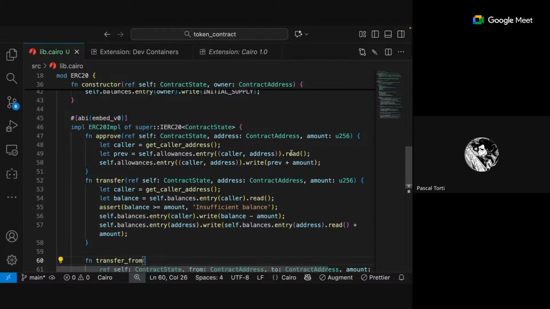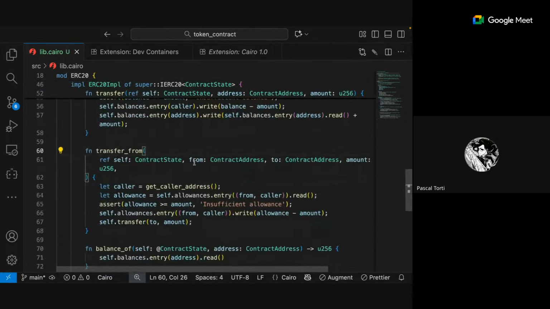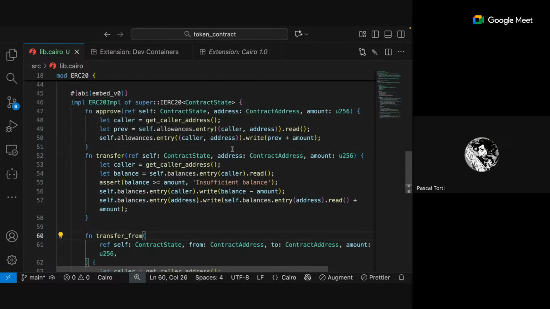It reads it, then writes it. You must understand the entry of caller and address when you're using approve. You must know what comes first.